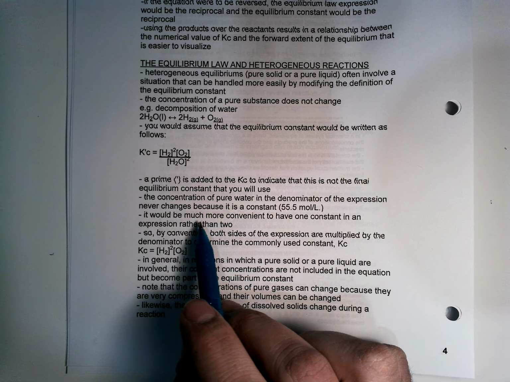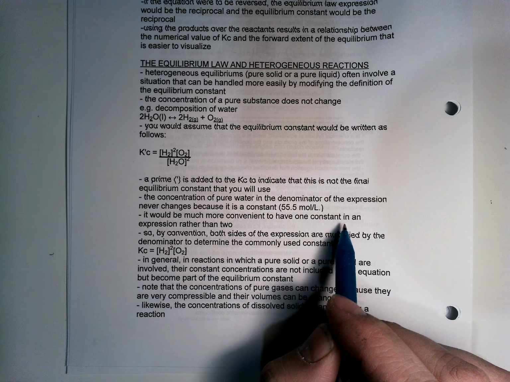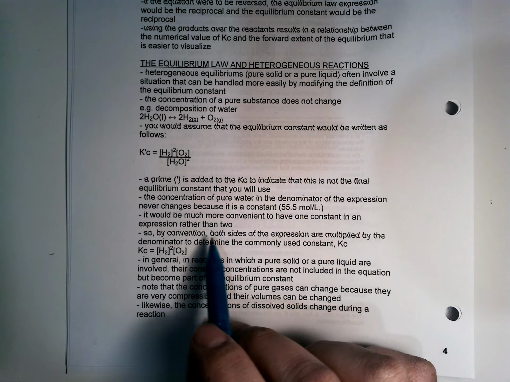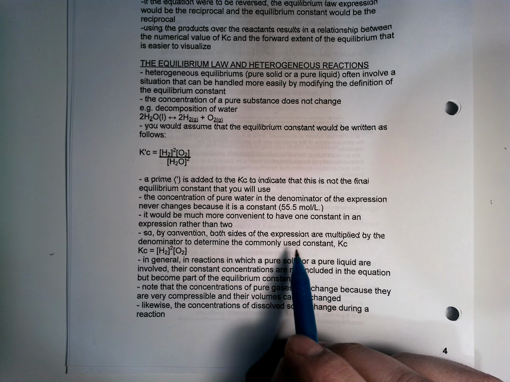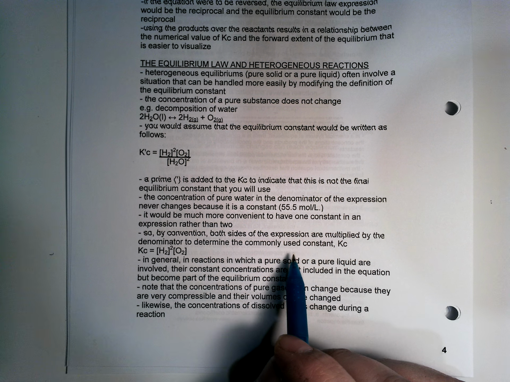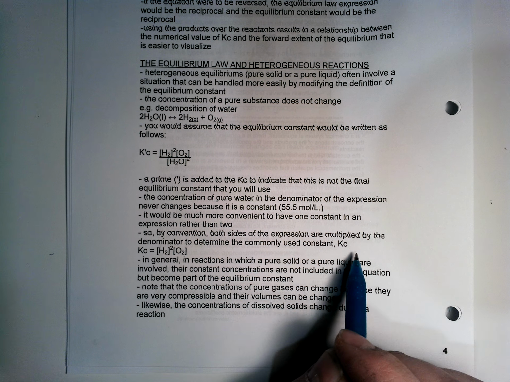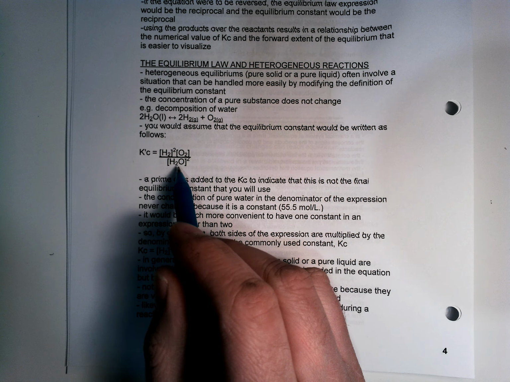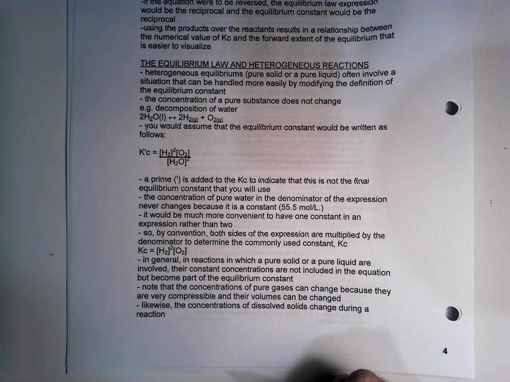It would be much more convenient to have one constant expression rather than two. So by convention, both sides of the expression are multiplied by the denominator to determine the commonly used constant Kc. Basically, we just take out the water because it stays constant.